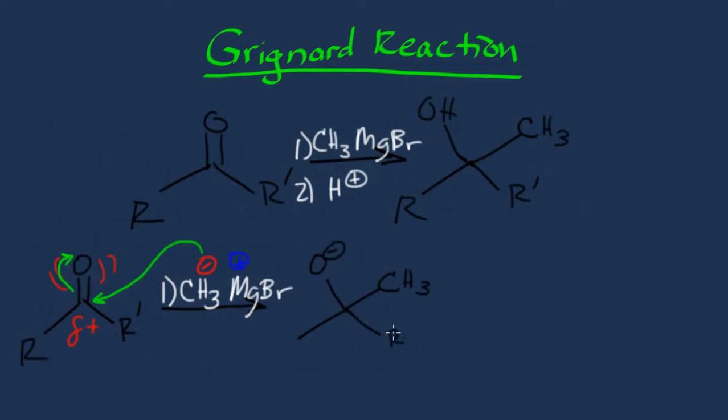And there we go. And I guess you could say that this O minus is kind of being stabilized because we have a magnesium bromide that has positive charge. And so you can see that the O minus of the oxygen is actually slightly being stabilized by our leftover parts of our Grignard.